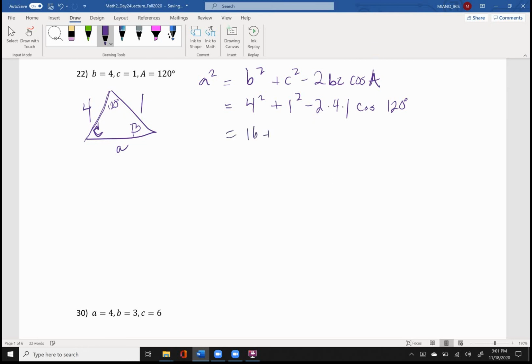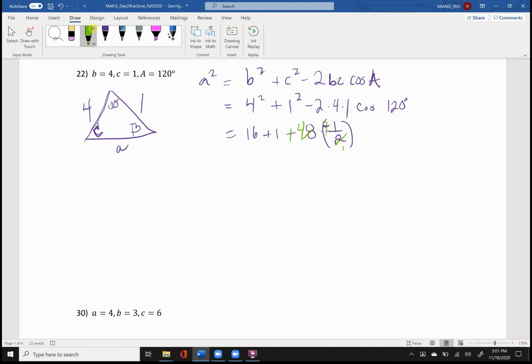So let's do some simplification. We'll get 16 here, 1 there, minus 8 times negative 1/2. Let me make it more clear that that's negative. Great. Okay, so notice that negative signs are going to cancel here and here. This is going to become addition, and it's going to be addition of a 4, no longer an 8 times a 1/2.